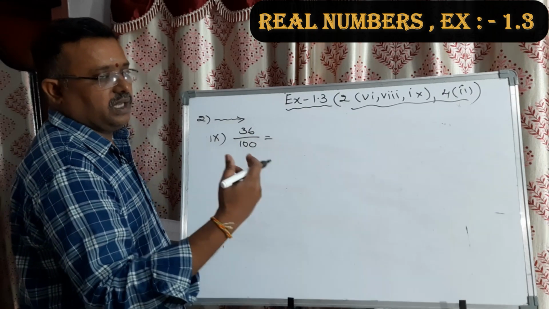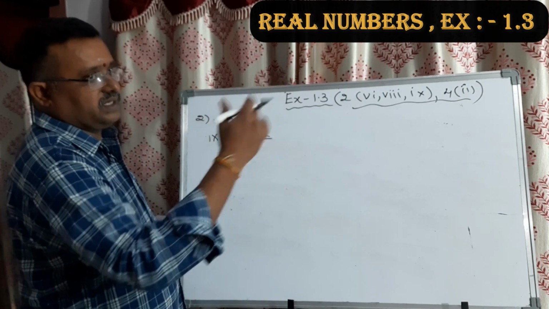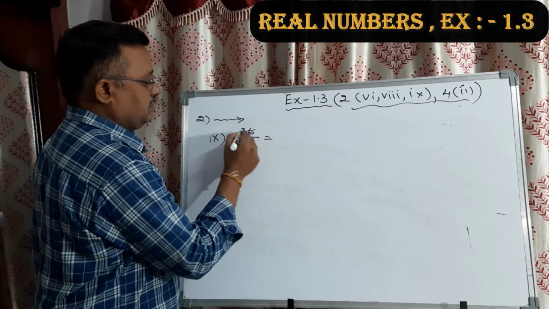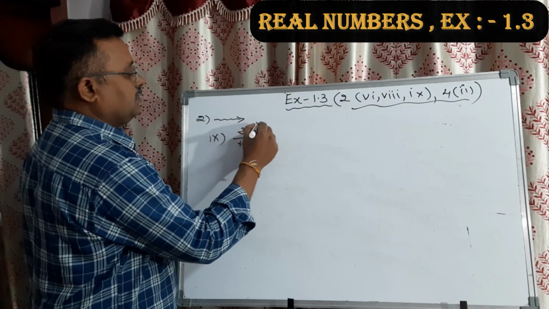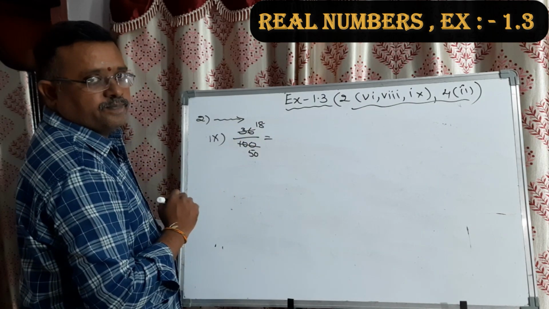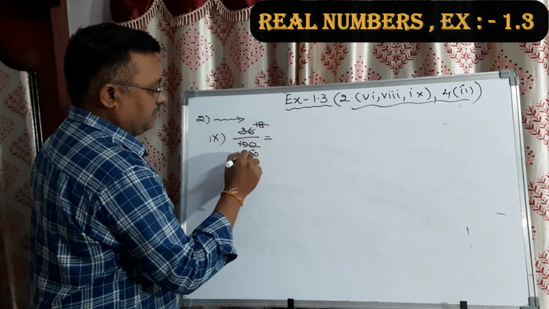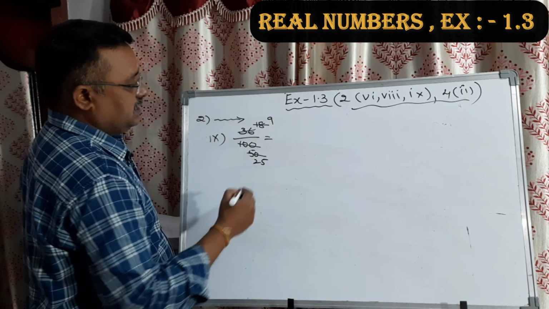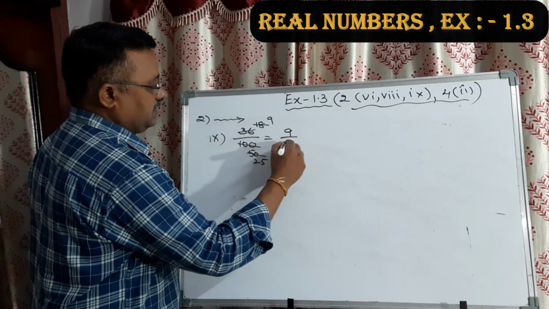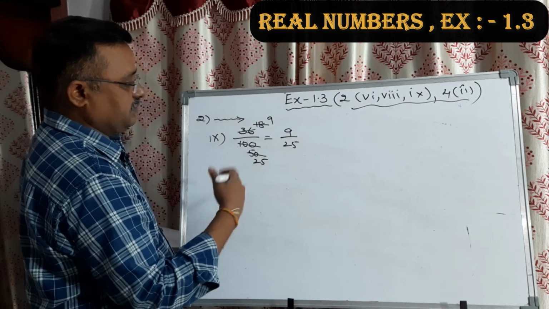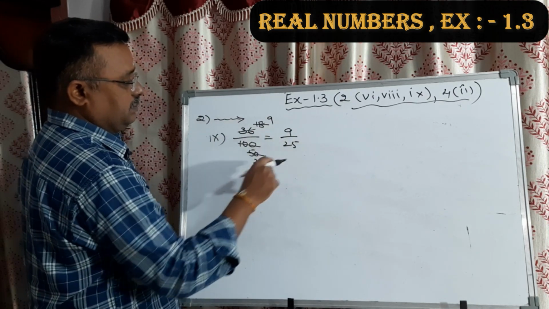Otherwise, both are even numbers, so divide them by 2: 2 18s are 36, 2 50s are 100. Again both are even, so one more cancellation: 2 9s are 18, 2 25s are 50. Now this is equal to 9 by 25, both are coprime.